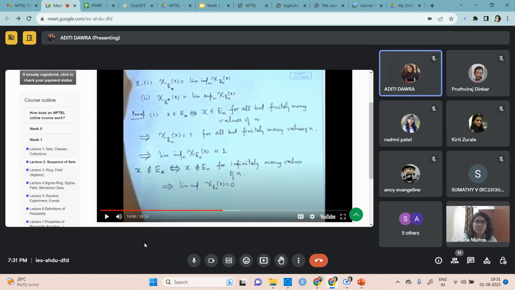Okay, if x belongs to e star, then x will belong to en for all but finitely many values of n. Let me just write it. x belongs to e star, then it means x will belong to en.